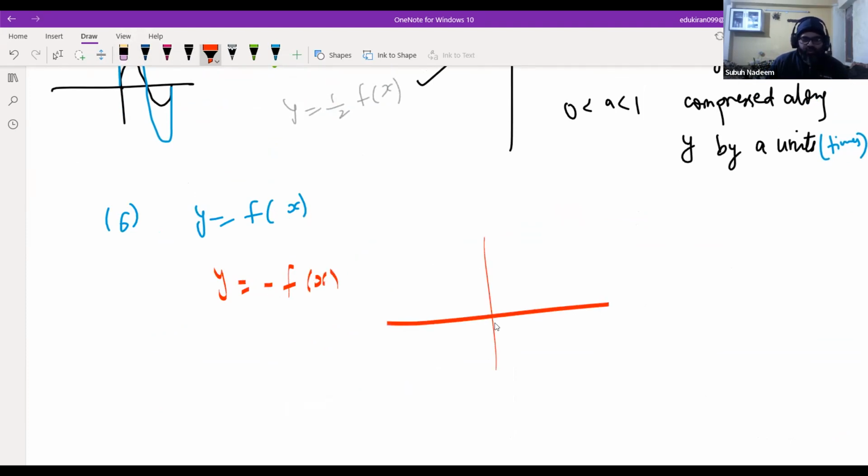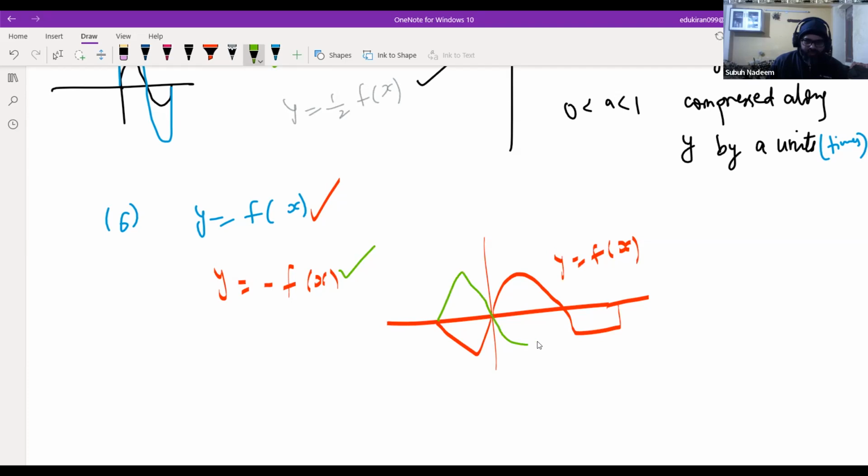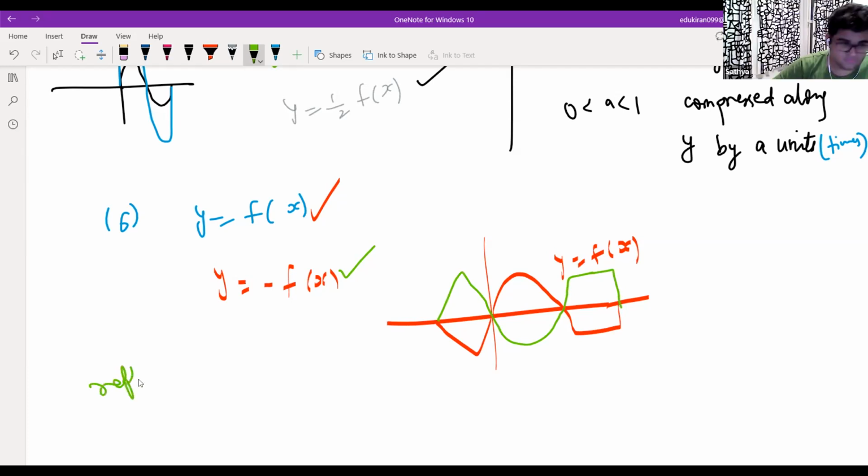So if the graph is, suppose, like this, and this is y is equal to f of x, this graph, then y is equal to minus f of x is like this. Reflected about x-axis.